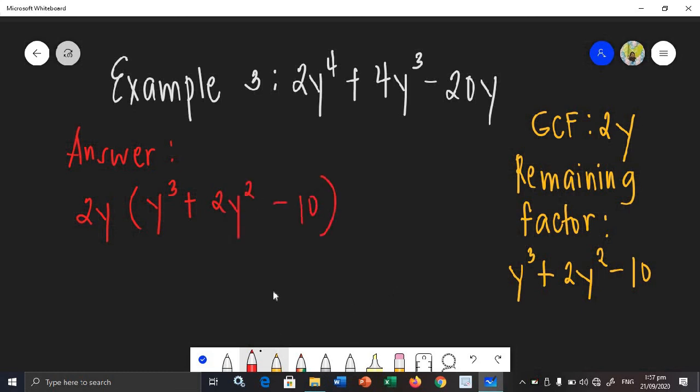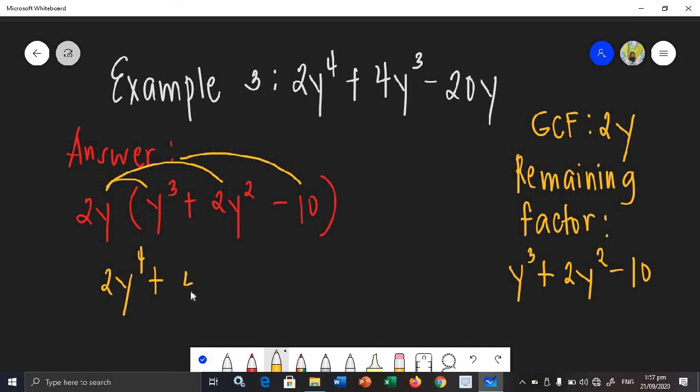If you want to check your answer, you can multiply or distribute 2y. And then if you came up with a given, therefore, your answer is correct. So let's try it. 2y times y cubed, the answer is 2y to the 4th plus 2y times 2y to the 2nd power.